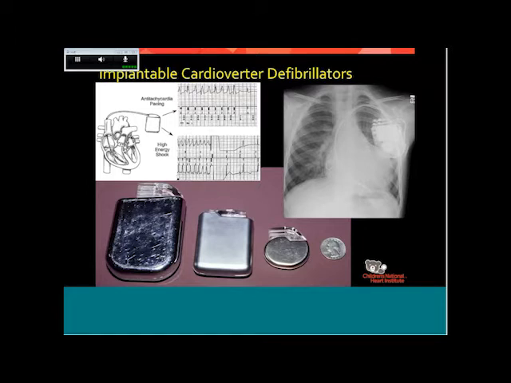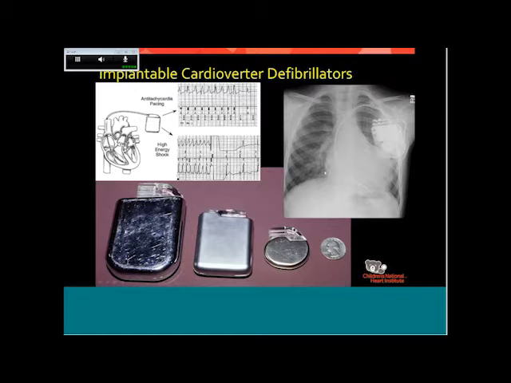Implantable defibrillators, these are important for preventing sudden cardiac death, and they've also substantially come down in size. They can perform anti-tachycardia pacing to overdrive pace painlessly out of an arrhythmia. And then if that vulnerable patient requires a shock, the device can shock them back into sinus rhythm.